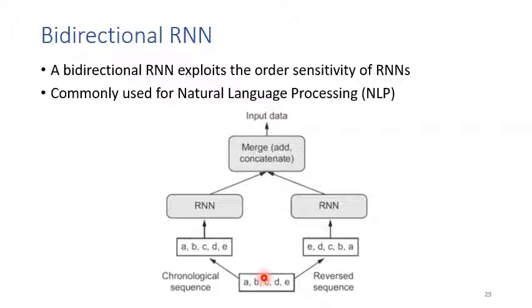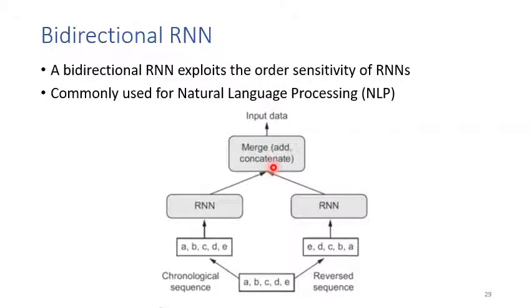So it's called bidirectional, the normal sequence and the reversed sequence, and then both will be passed to the RNN model, and then the outputs will be merged by add or concatenate.